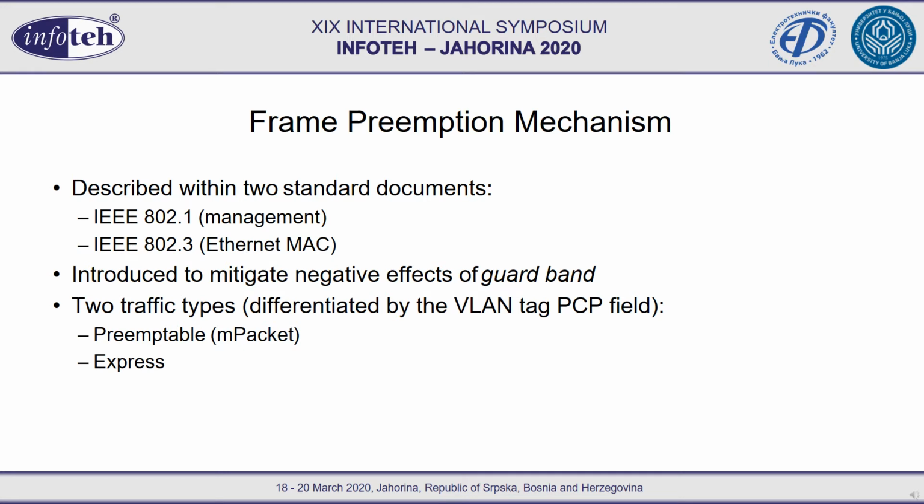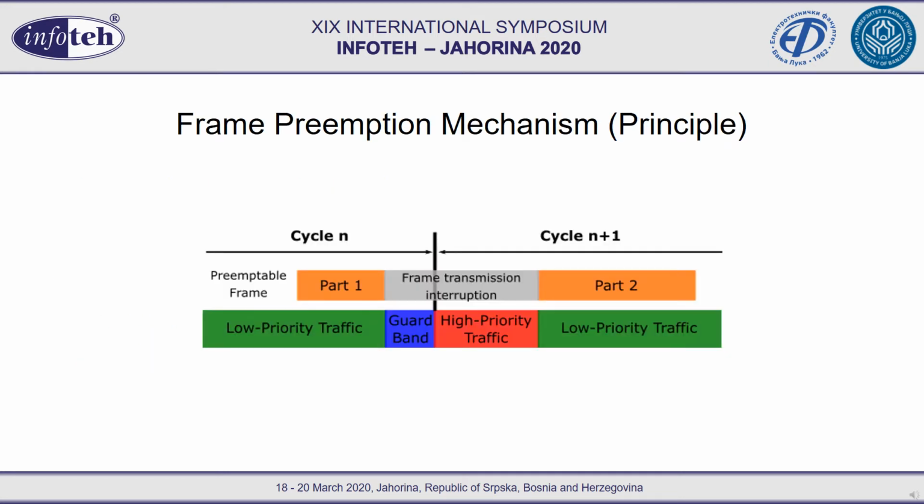In principle, in TSN, communication is divided into cycles. So every cycle is further divided into sub segments or time intervals, with low priority traffic and high priority traffic designated as green and red part of the cycle.